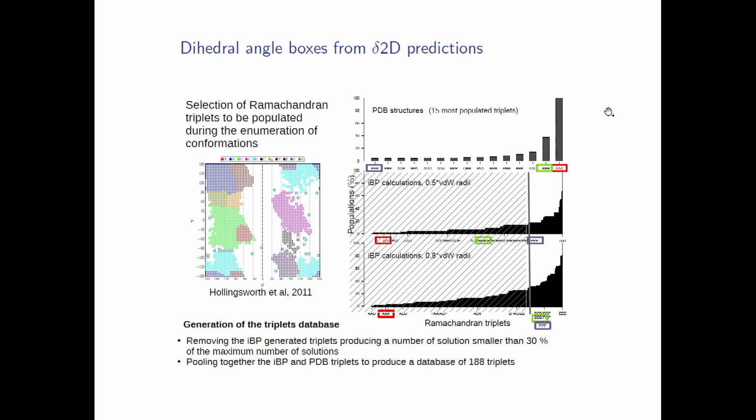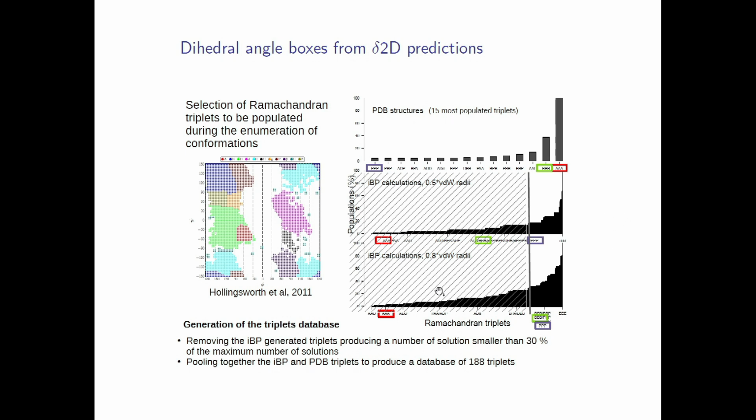We are also looking at an intrinsically disordered protein, so I have been taking just proteins with 2 amino acids and generating all possible conformations by generating the tree, which I showed with the IBP, the interval branch and prune approach.